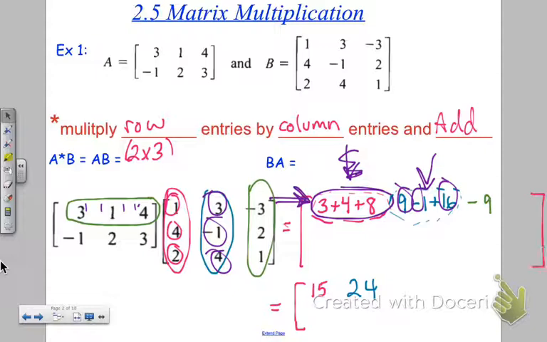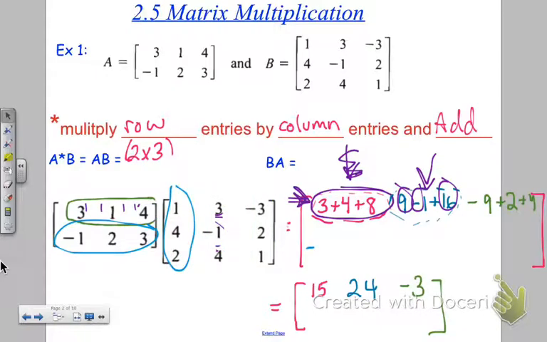Now we're going to multiply the 3, the 2, and the 4 to give us that. Gives us a -3. So now we do the bottom row and first column. So -1 times 1, 2 times 4, and 3 times 2. Add those together, get a 13.